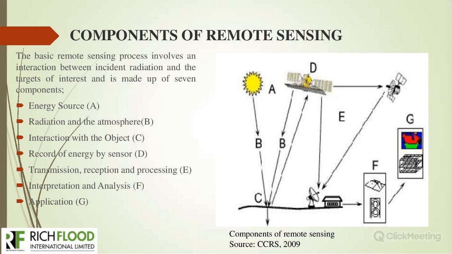So your interpretation of this satellite imagery that you have received will actually give you knowledge or information that you are trying to discover or trying to find out about the changes in the vegetation cover, and also the application. The application here means the different areas of human endeavor that this technology is applied to in trying to solve problems.